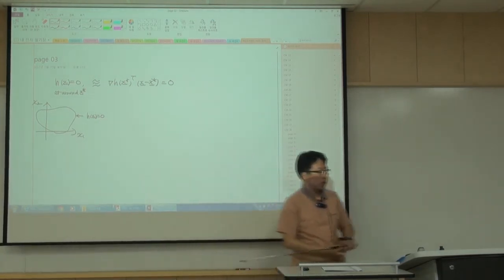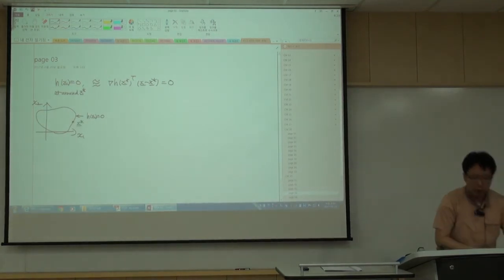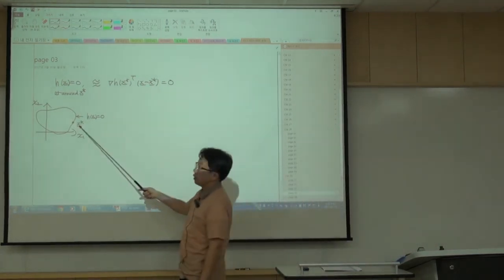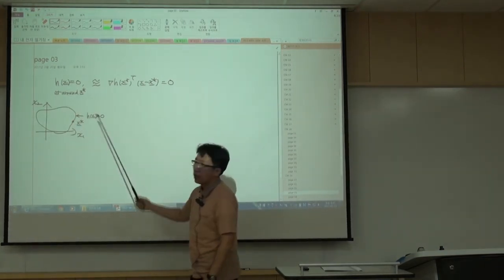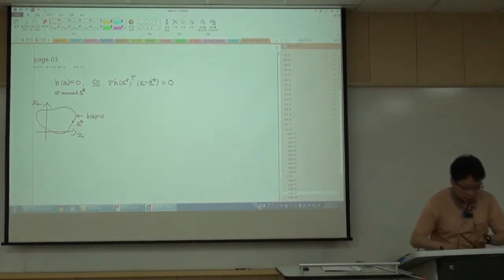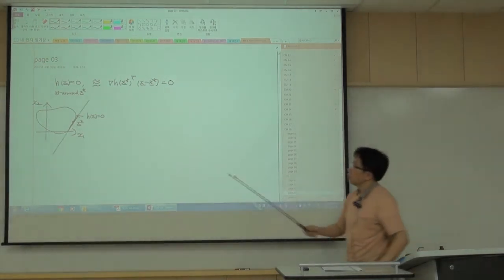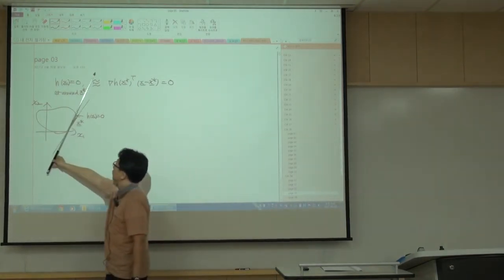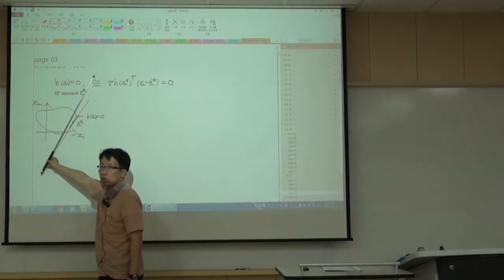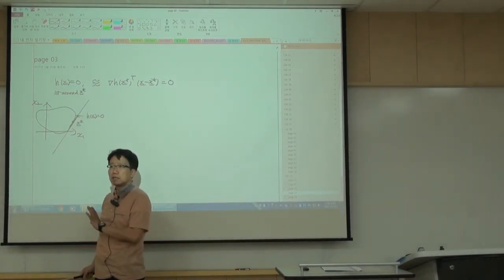Now, suppose this point is x star. So x star is feasible. Am I right? Now, around x star, instead of using this curve, we are going to use this straight line to approximate our constraint set. That is the idea. Got it?